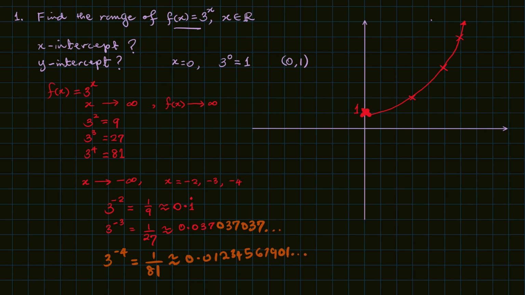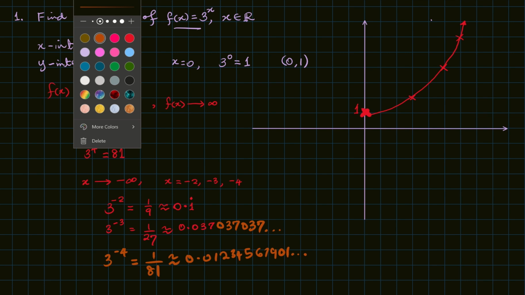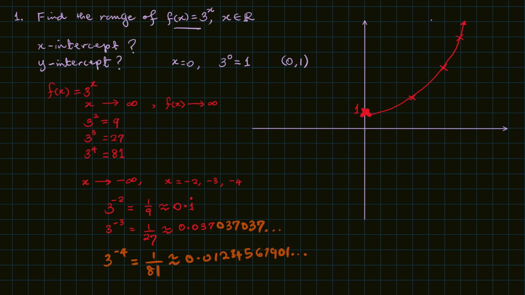And we see that as x tends to -infinity, the value of f of x continues to reduce and tend towards 0. f of x tends towards 0. Again, we are sure that it never actually reaches 0. So this presses really close to the negative x-axis, but it doesn't touch it.